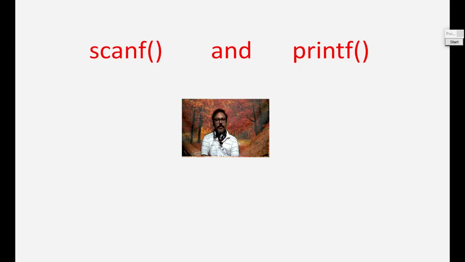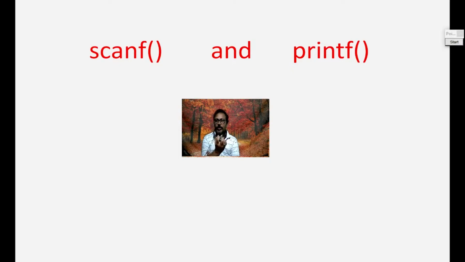Actually, reading and writing are complex tasks. Reading means you have to find out which key is pressed, how many times that key is pressed, next which key is pressed, and again after that what happened exactly. So you have to totally have a look at the keyboard.